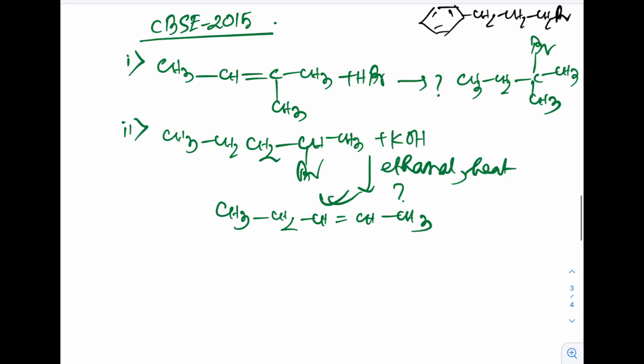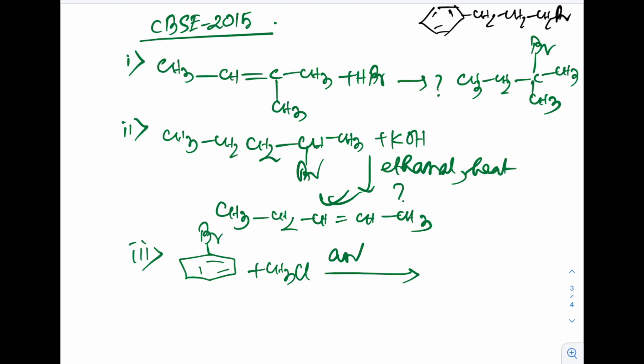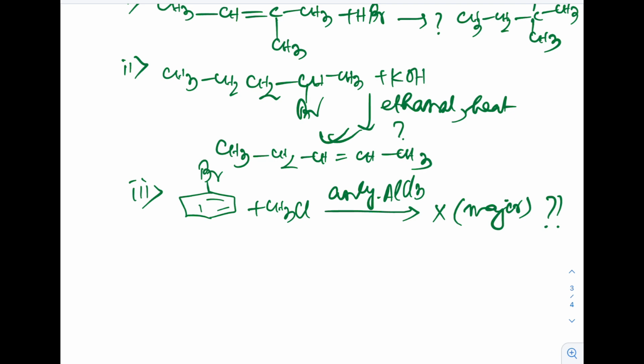Now question 3. Bromobenzene reacts with methyl chloride in presence of anhydrous AlCl3. They are asking, X is formed as major product. Then what is X? Friedel-Crafts alkylation is happening.